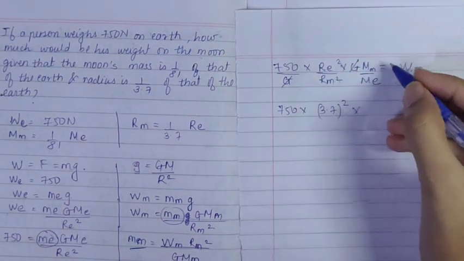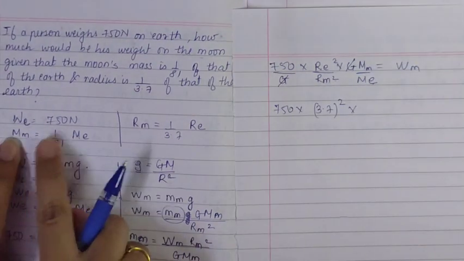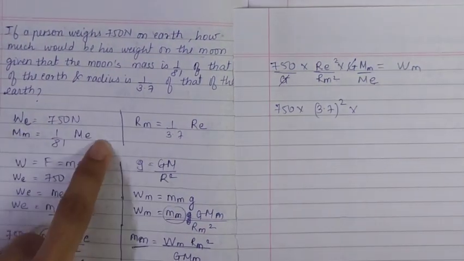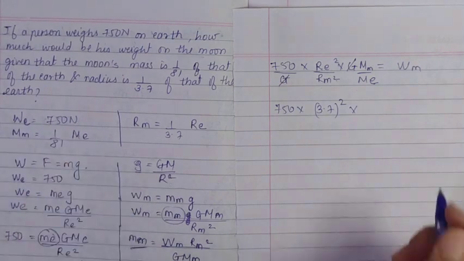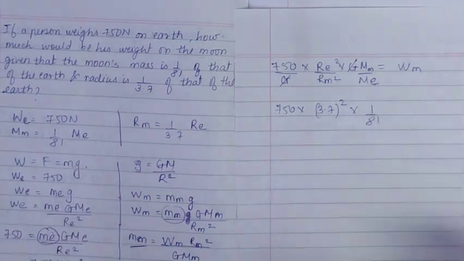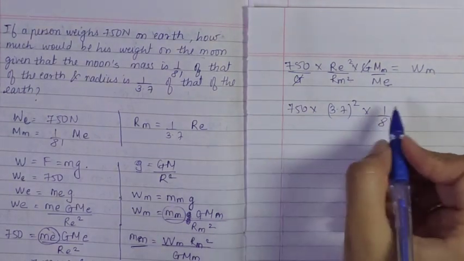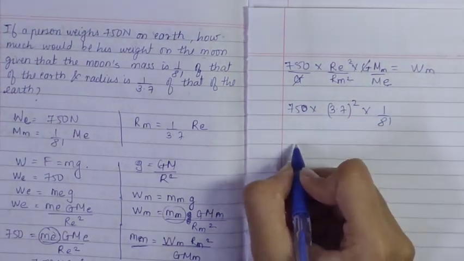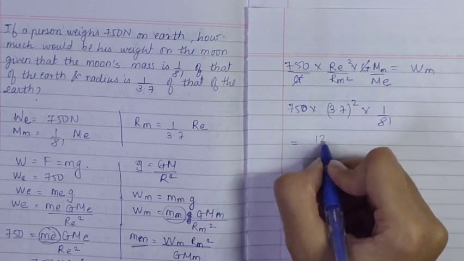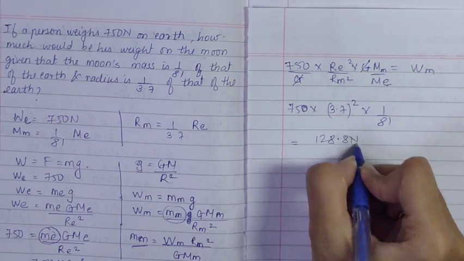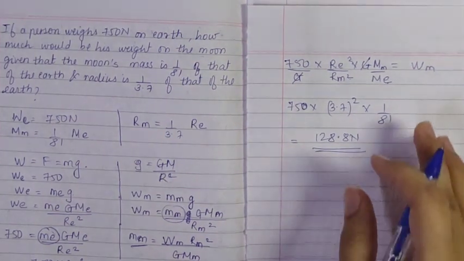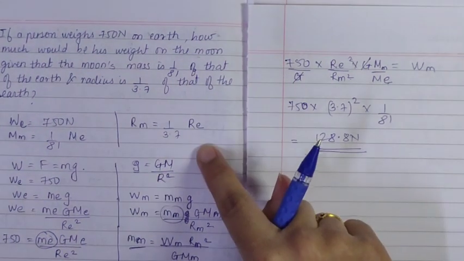Next, again, M M upon M E will be only 1 by 81. Now what will be the answer to this? After calculating, you will get your answer as 126.8 Newton. Okay, so this is how you solve. First, what will you do?